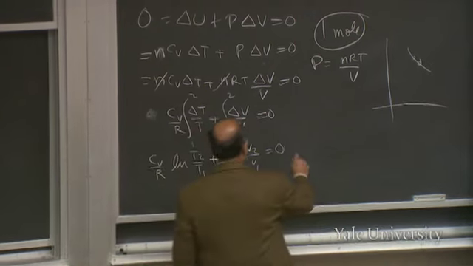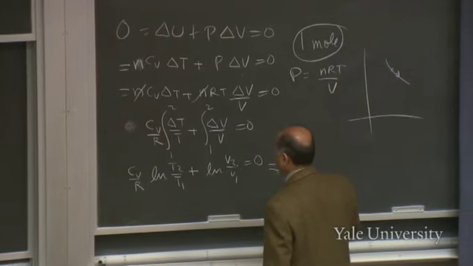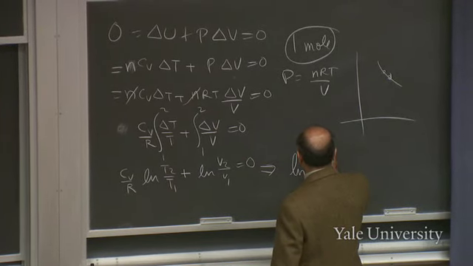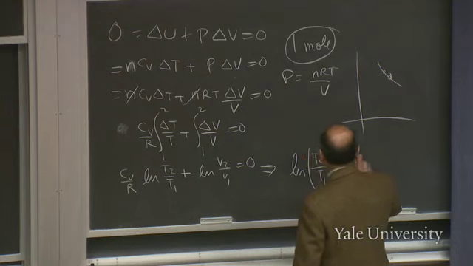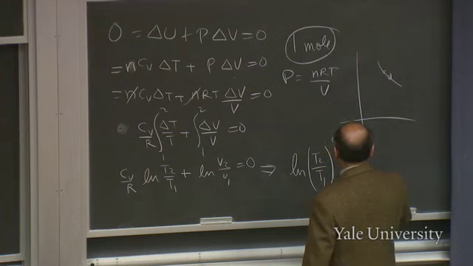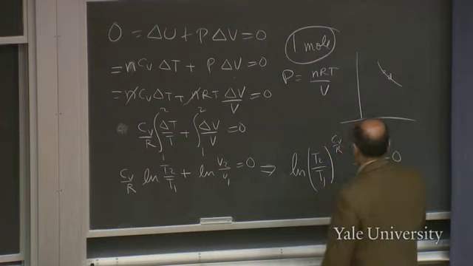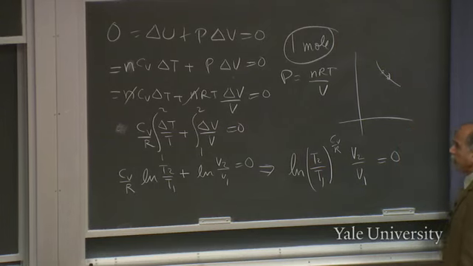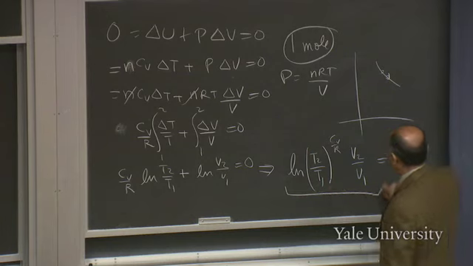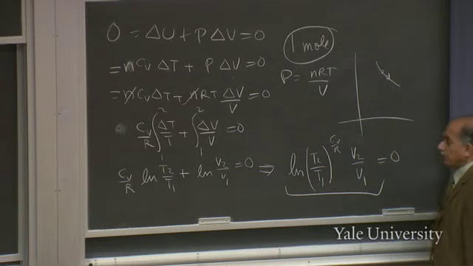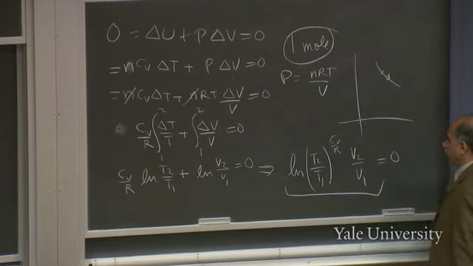Now, you have to go back and think about your logarithms and realize I can write it as log of T2 over T1 raised to the power CV over R times V2 over V1 is equal to 0. You just combine all the logarithms and realize that log of x to the power n is n log x. So that is the same as this.